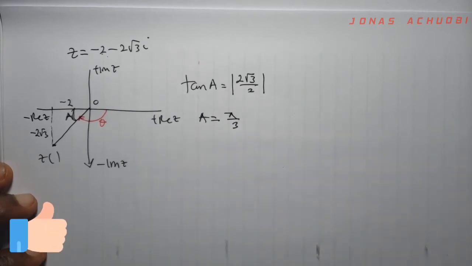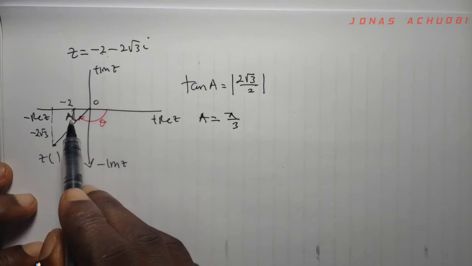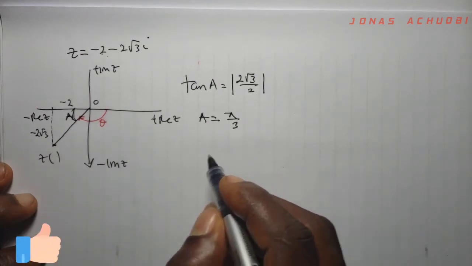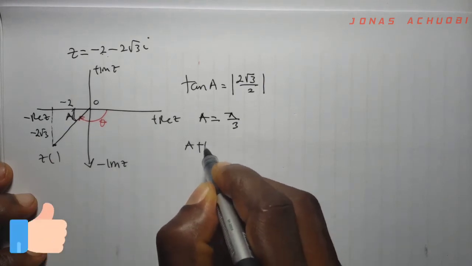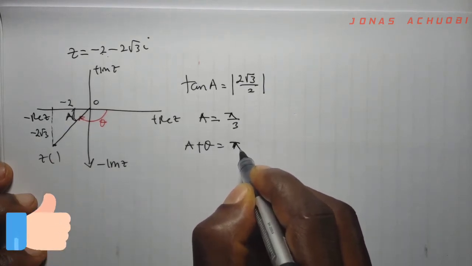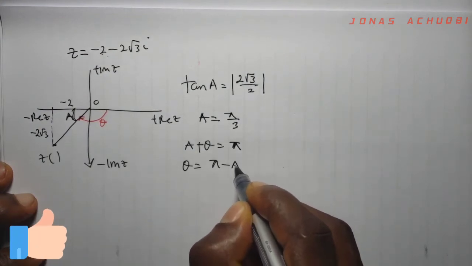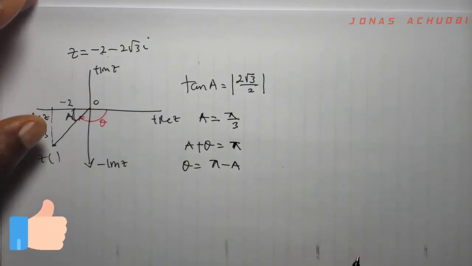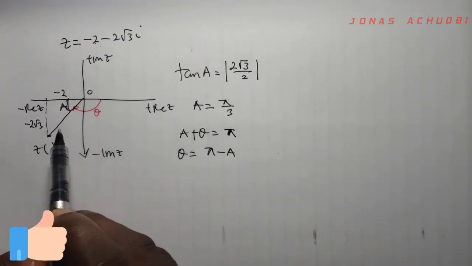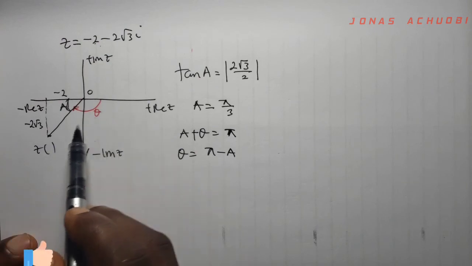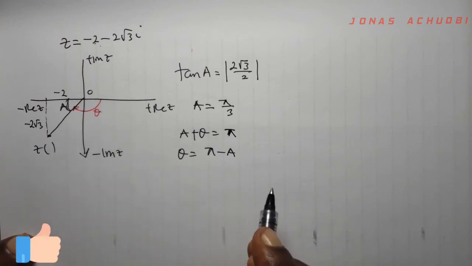But we recall again that the sum of A and theta is 180 degrees. So recall again that A plus theta is pi, so that theta is equal to pi minus A. But since the argument theta is in the clockwise sense, then that angle is always negative.